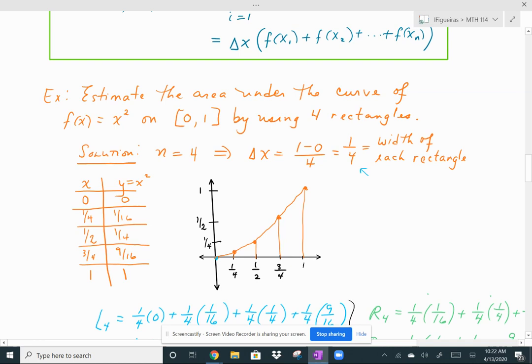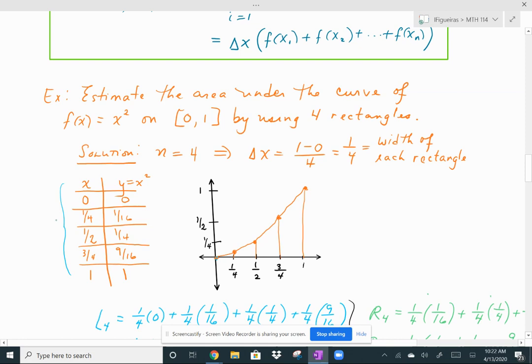I've illustrated that here in this picture. If every rectangle has a width of a quarter, I need to create a table of values that show me the values of x starting from 0 and ending at 1, where each consecutive number is a quarter unit away.